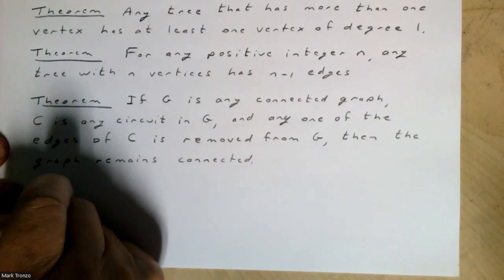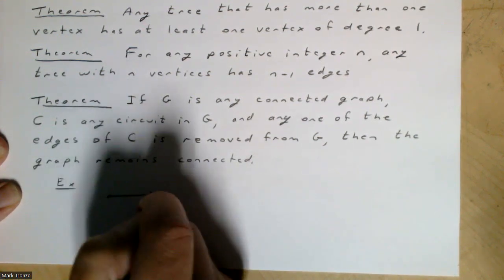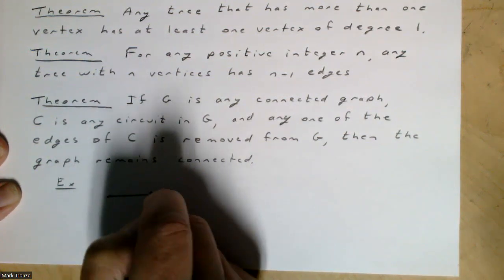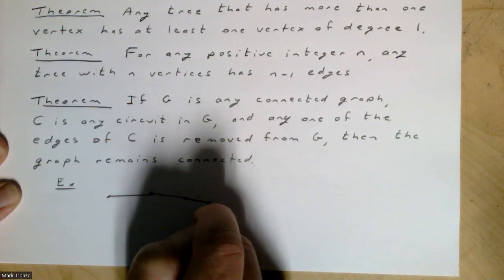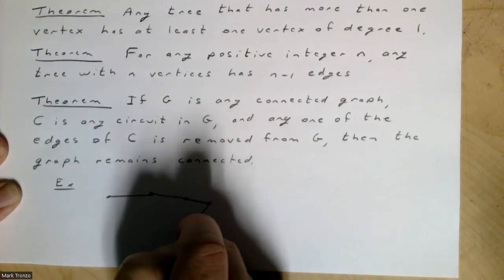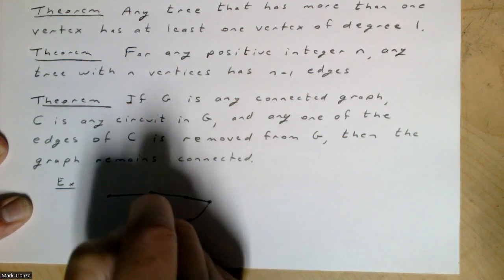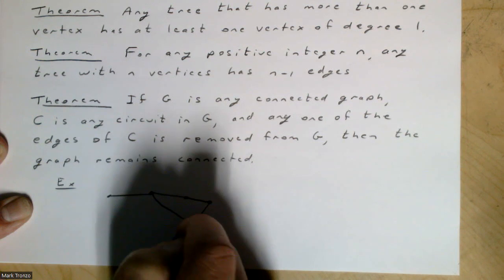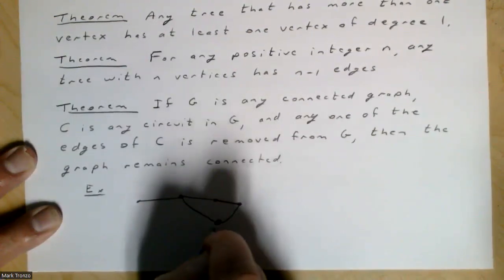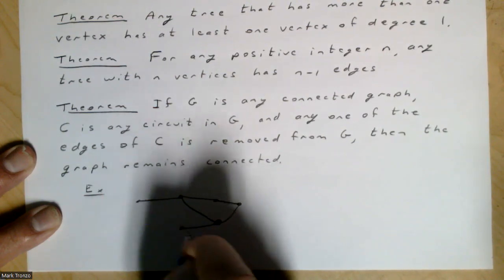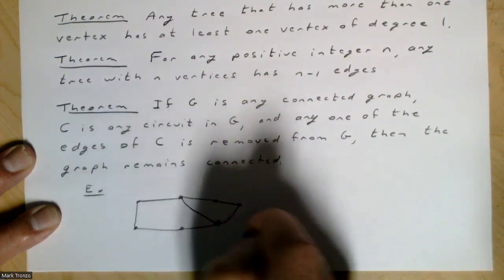And so what this kind of means is, let's say you have a graph. Again, it's a connected graph. And maybe you have a circuit in this graph, and let's say you might have something out here, here, here.